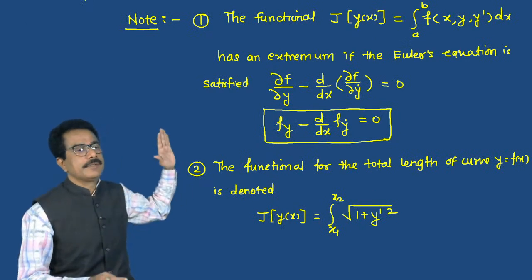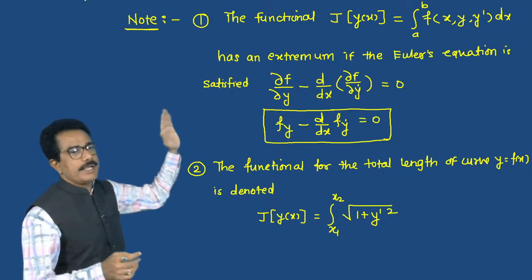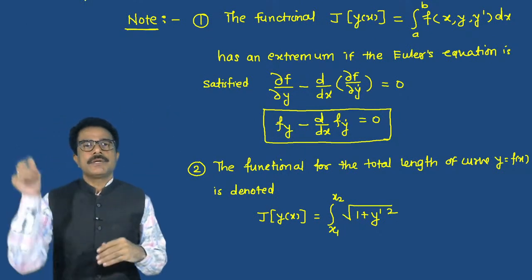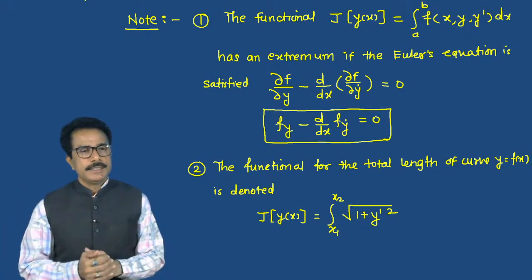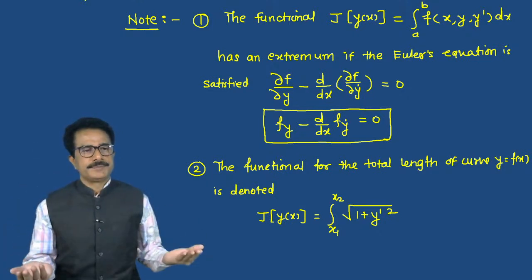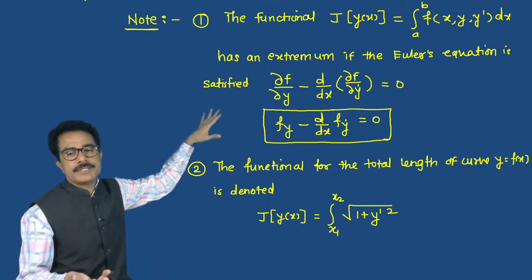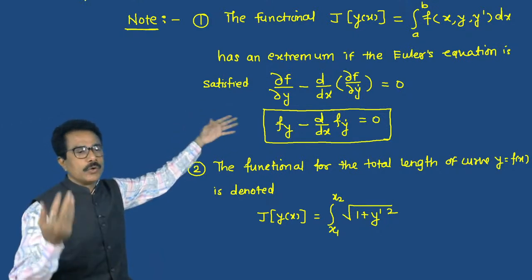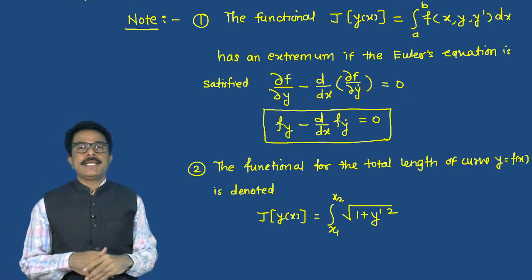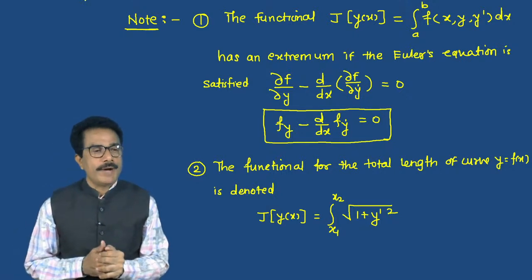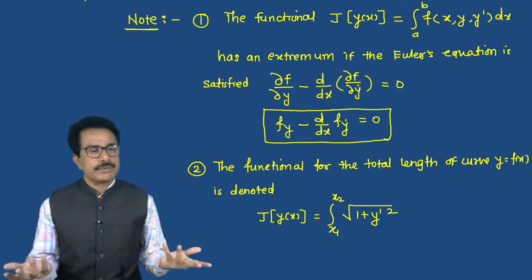You know that the functional J of y of x, which is equal to the integral from a to b of f of x comma y comma y dash dx, has an extremum if it satisfies the Euler's equation: del f by del y minus d by dx of del f by del y dash equals 0.